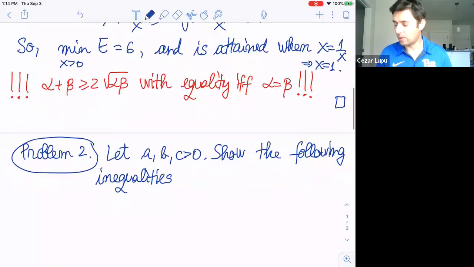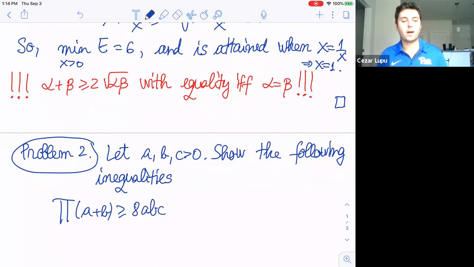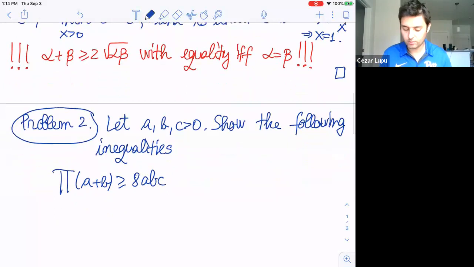The first one, for the sake of gaining some time, I'm going to write it like this: the product of (a plus b) is greater or equal than 8abc.